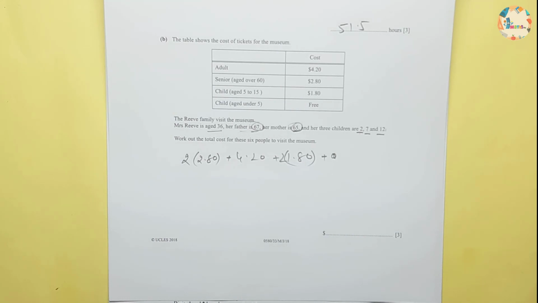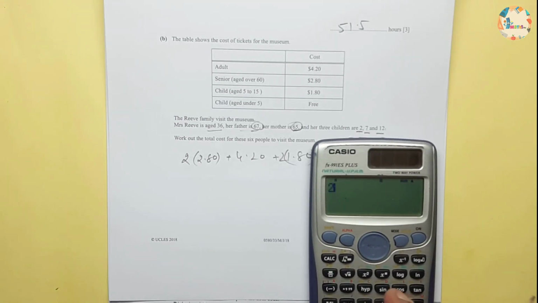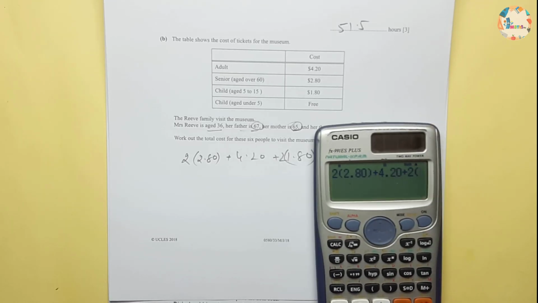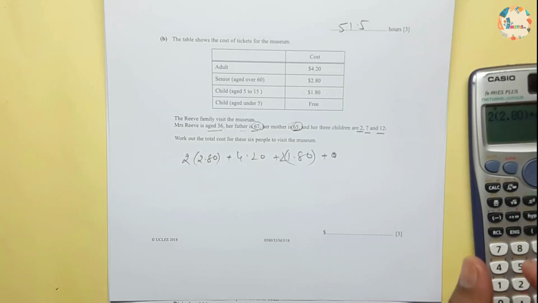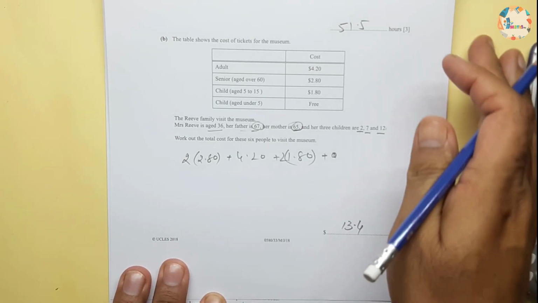So this will be 2 into 2.80 plus 4.20 plus 2 into 1.80, and this will be equal to 13.4. So answer will be $13.4.